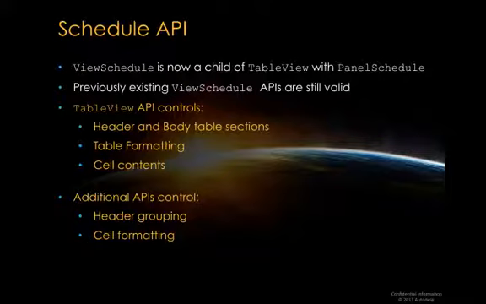The white bullets might affect existing add-ins, and the yellow bullets signify new enhancements. So the new TableView API controls support access to the header and body table sections and formatting of the table and of individual cell contents. We can also control header grouping and cell formatting through additional APIs.